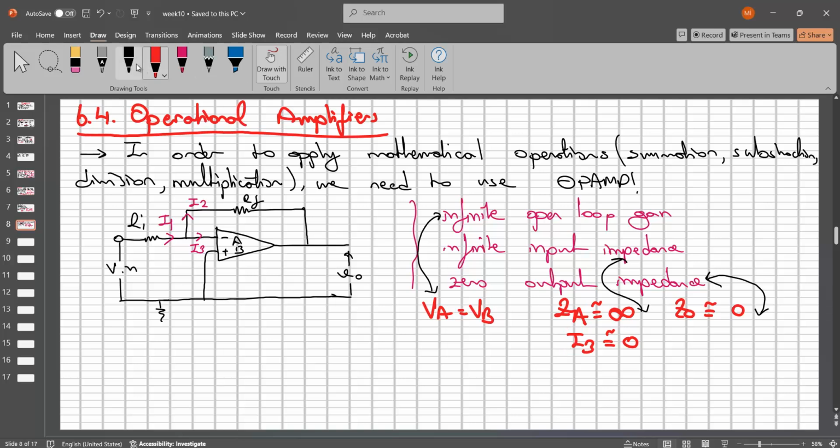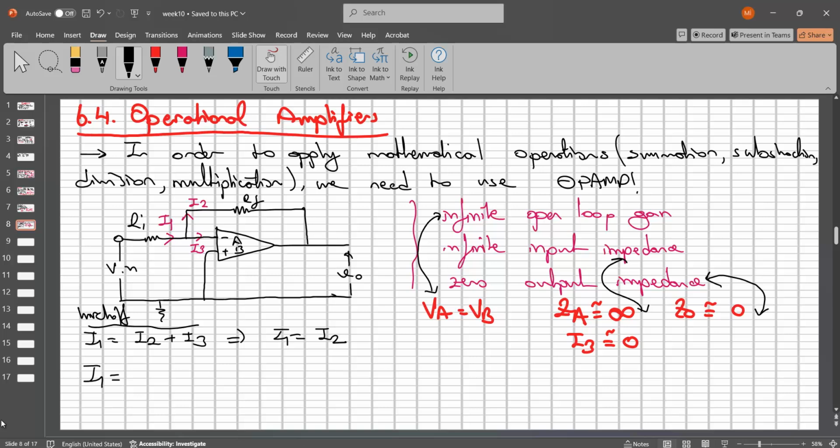And so we can write this equation: I1 must be equal to I2 plus I3, which is coming from the Kirchhoff law, right? This is the Kirchhoff law. But in this condition, I1 must be equal to I2, right? Right? Okay. And so what is the value of I1?